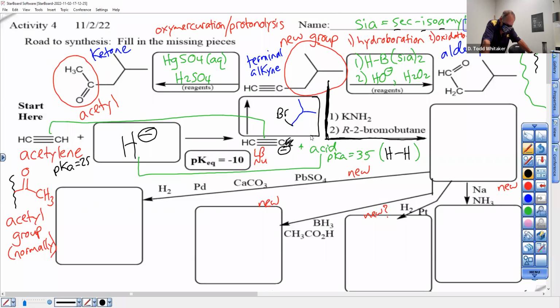So what's the KNH2 going to do? Remember that. When you see that molecule, always think about it becoming NH3, pKa 40. So it's acting like NH2 minus, picking up a proton.